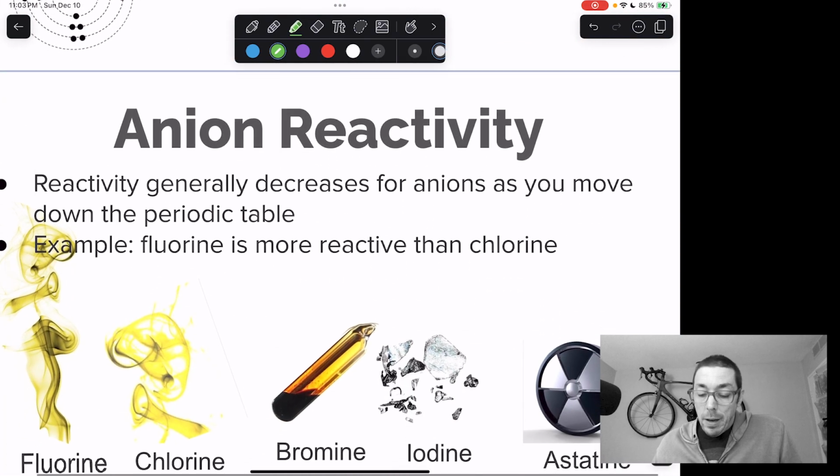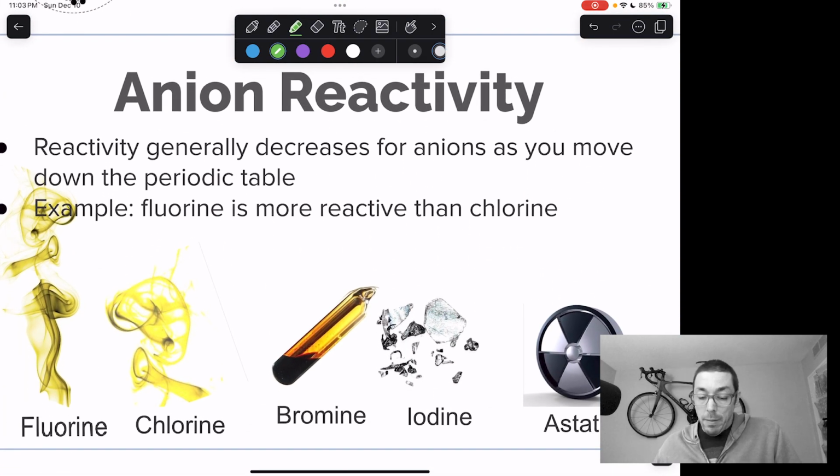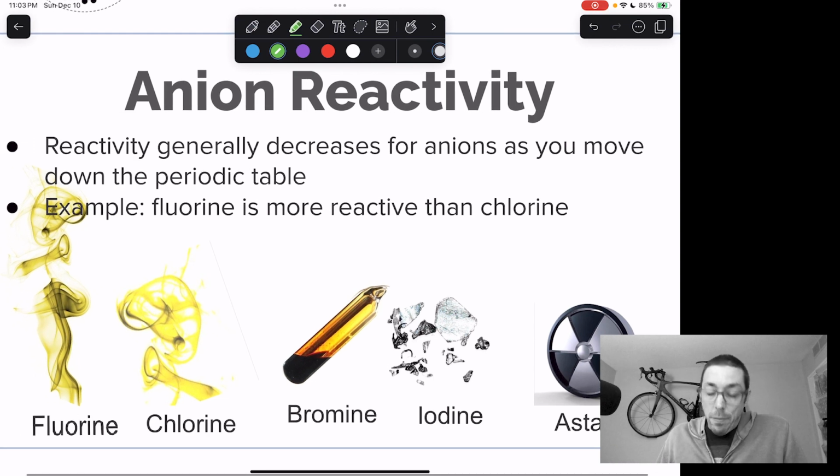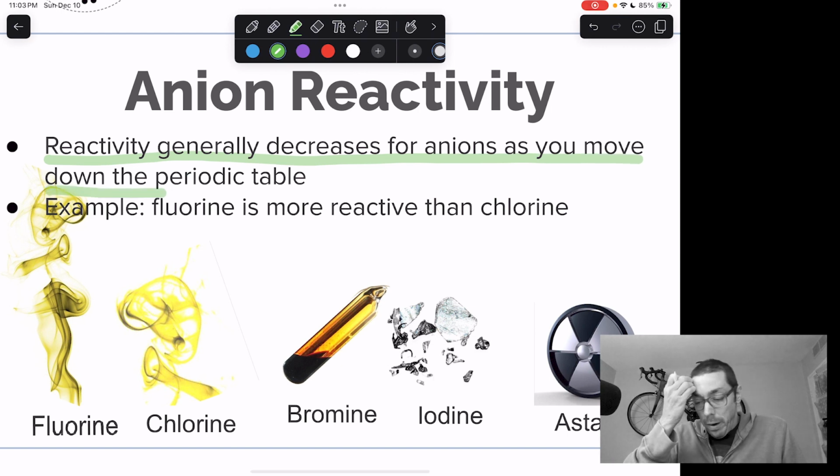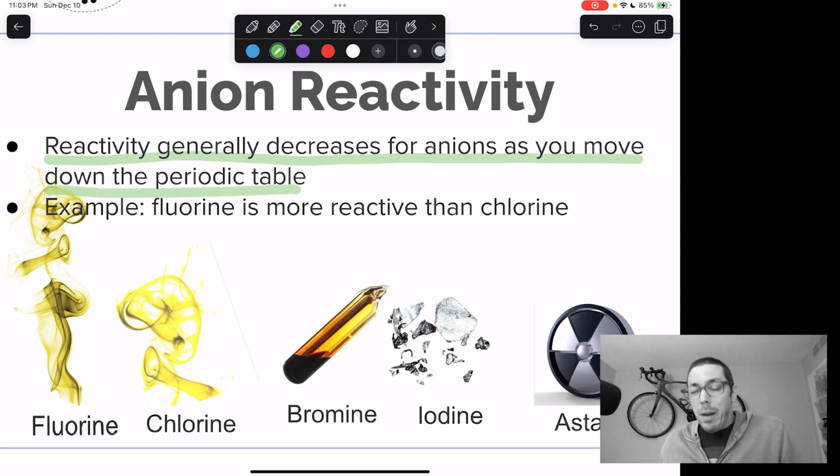Now let's look at the negative ion reactivity. So for those negative ions that are formed over on the right side of the table, reactivity generally goes down for ions as you move down the periodic table. So it's kind of the opposite of the metals.